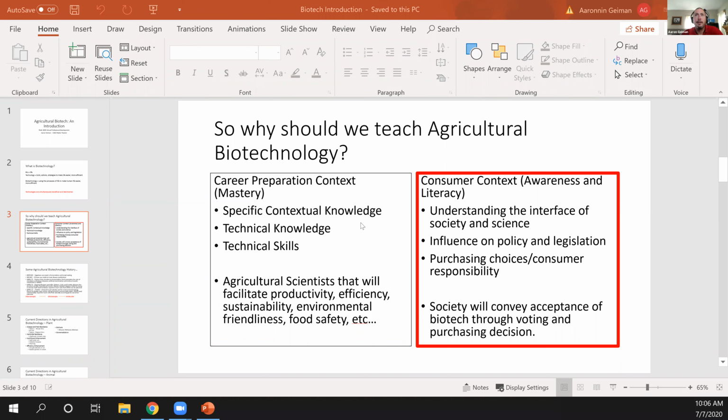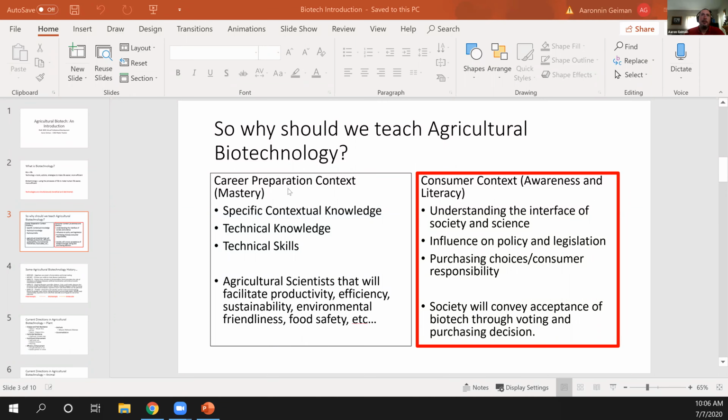They're being influenced by information, whether true or false, and it ultimately influences the choices they make with their purchasing dollar. So we listen to consumers and they exercise responsibility about biotech.